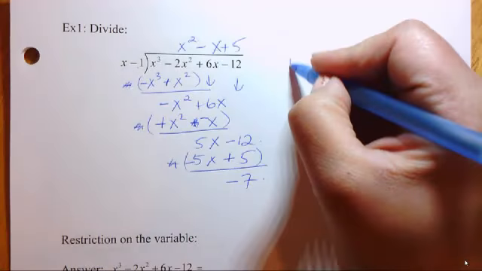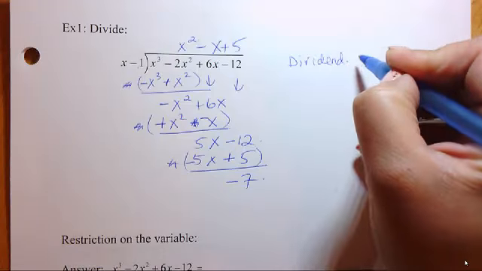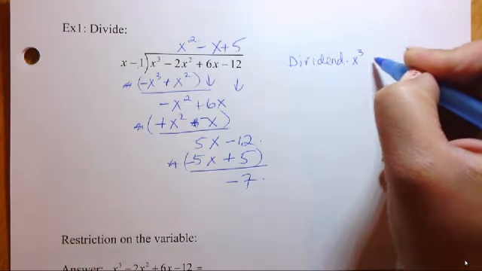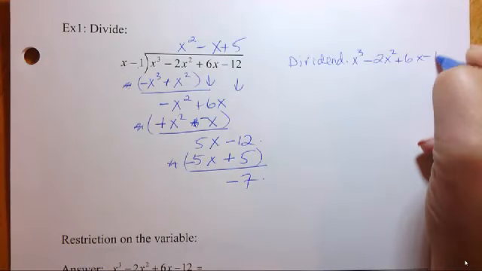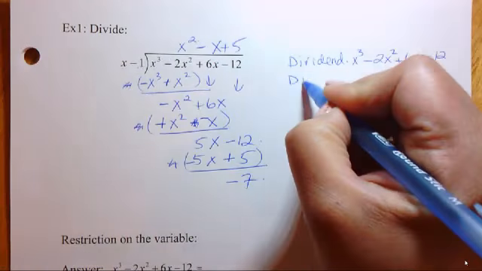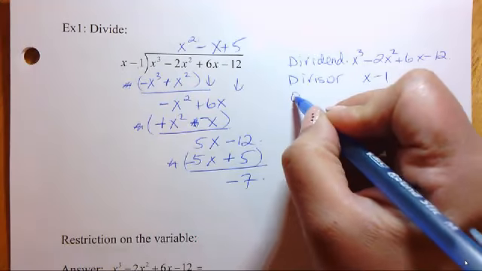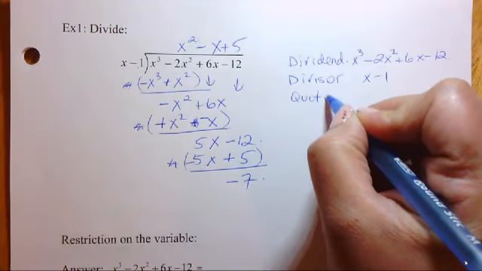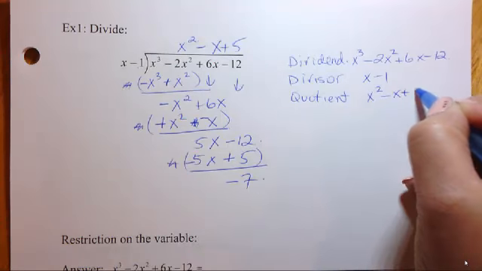Just for the sake of knowing, the dividend is the polynomial that we start with. Our divisor is x minus 1. Our quotient is x squared minus x plus 5.